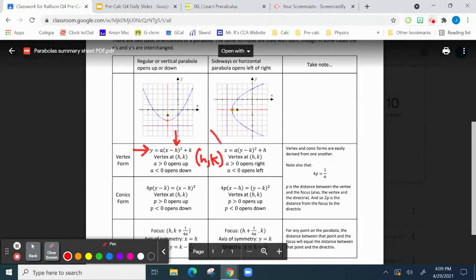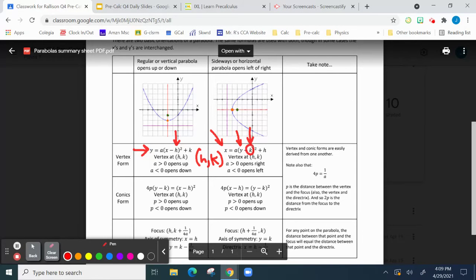And for the x equals y squared parabola, the left and right facing, the k is inside there. You could just look at this variable and say, if that's the variable, then the value inside has to be the same dimension, the vertex value in the same dimension.